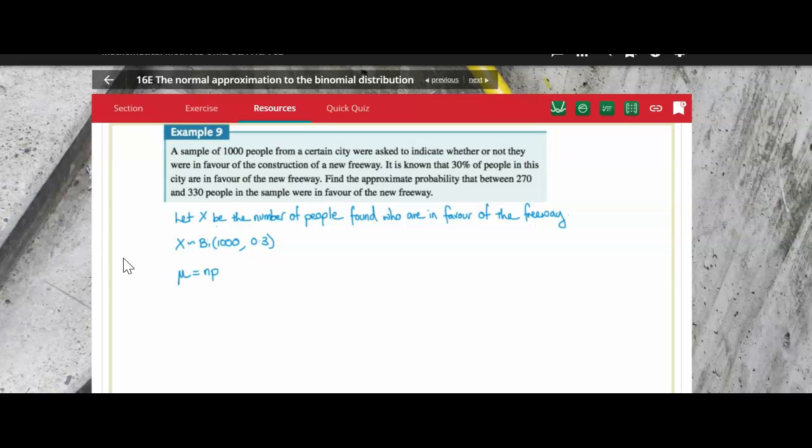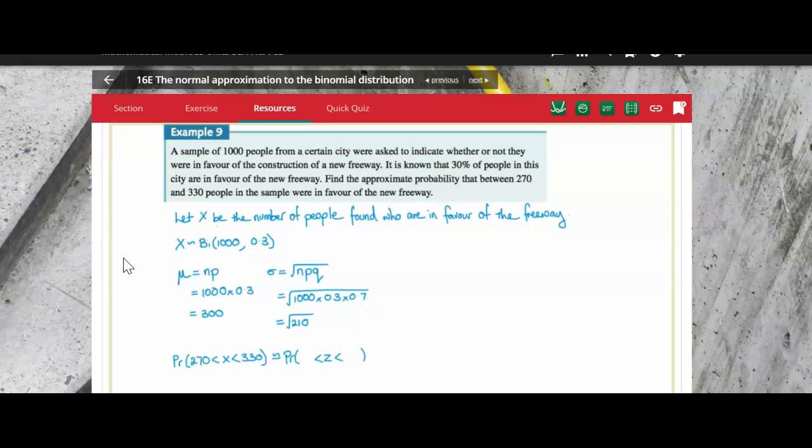For binomial, the mean is N times P, which ends up being 300. And my standard deviation is the square root of NPQ, where Q is 1 minus P. So that's 1,000 times 0.3 times 0.7. Work that through and we get a standard deviation of the square root of 210.